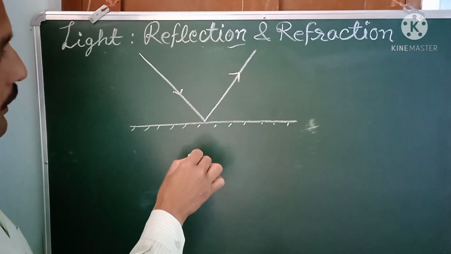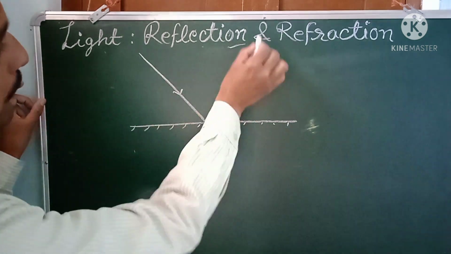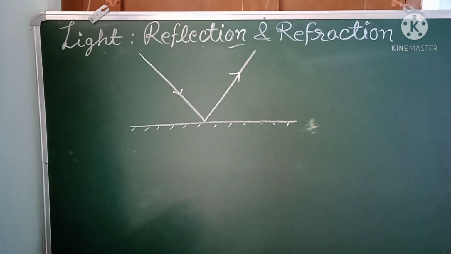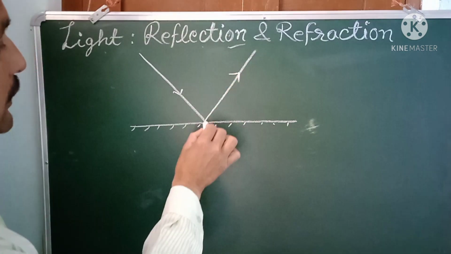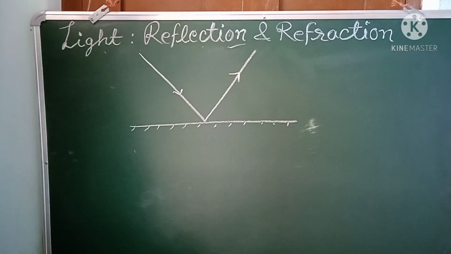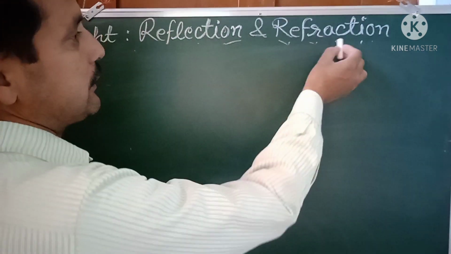What is reflection of light? Bending back or bouncing back of light in the same medium after striking the surface of an object is called reflection of light.